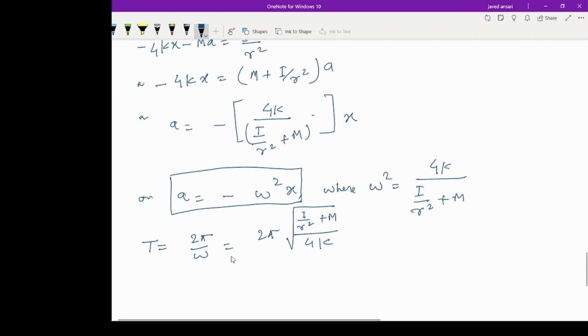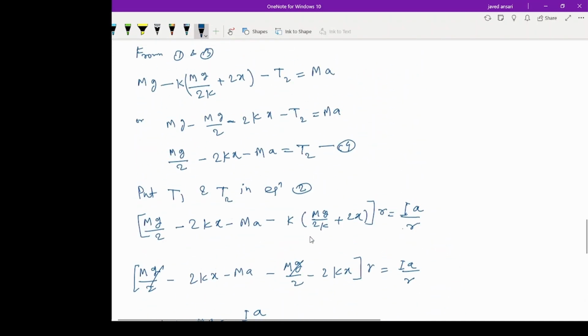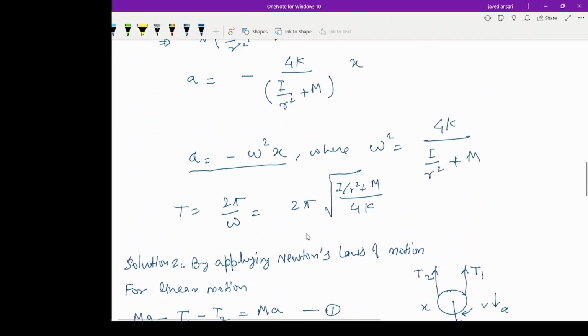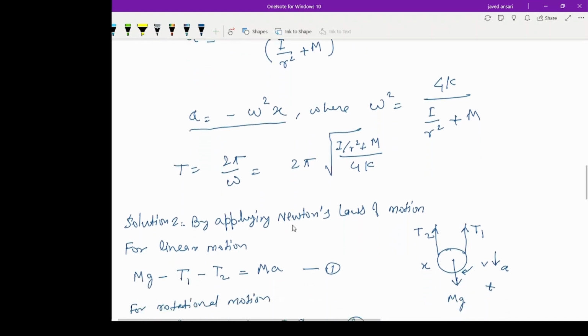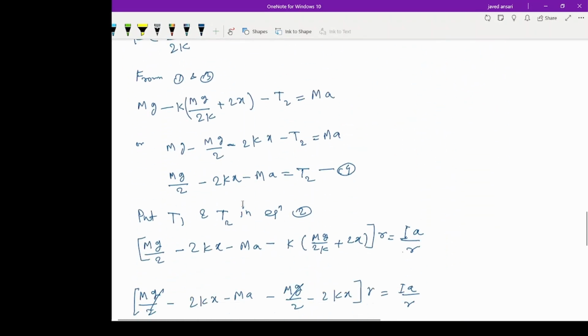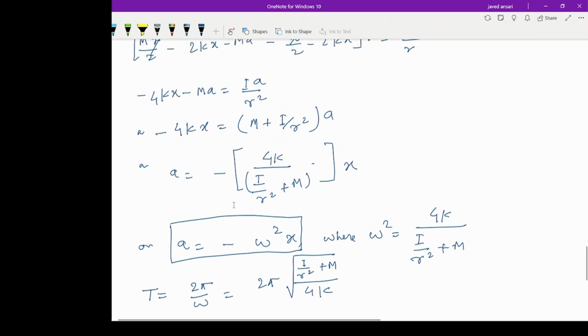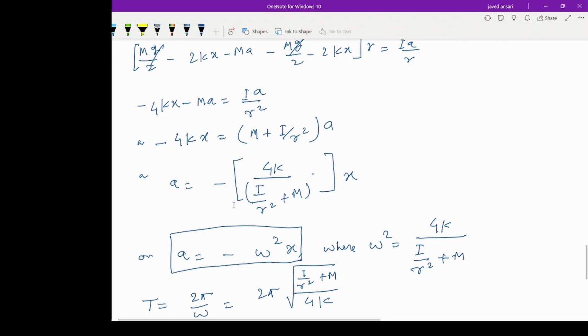Now you see, this time period we found using Newton's laws of motion, and in the last video we had found the time period again by the principle of conservation of energy, right? They are exactly the same. So as long as you apply the right concept, your answers will always be the same, irrespective of which approach you try.